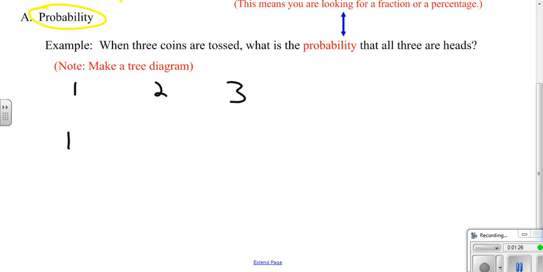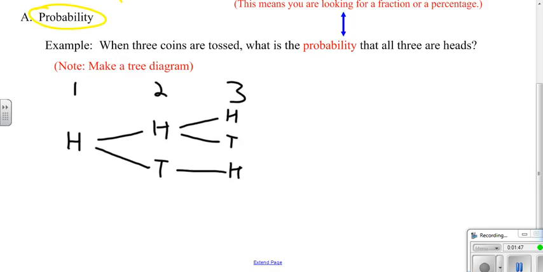So if our first toss is a heads, then our next toss could either be heads or tails, in which case our third toss could either be heads or tails. Again, that's if we had heads, heads, heads or tails. This would be if we have heads, tails, then heads or tails.